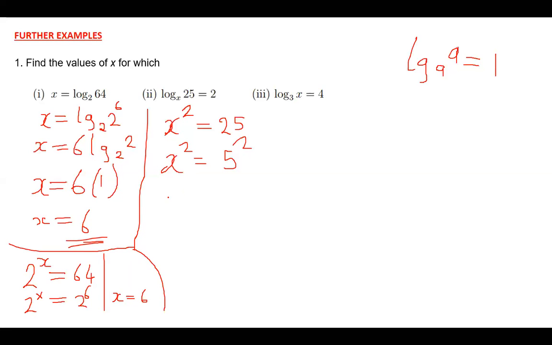So if you introduce the natural logarithm, or you introduce logs on both sides, you're going to have ln of x raised to power 2 being equal to ln of 5 raised to power 2. So these two can drop down there. So you're going to have 2 ln x being equal to 2 ln 5.